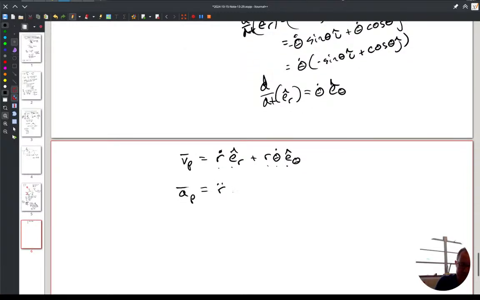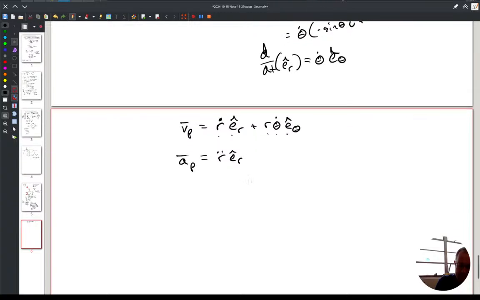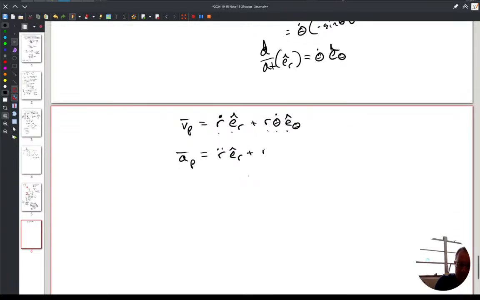So r double dot ER plus R, and I already figured out d ER dt is E theta times theta dot, so an r dot theta dot in that E theta direction. Now I can move over here and I end up with an r dot, a theta dot in that E theta direction, so there's 2 of them.